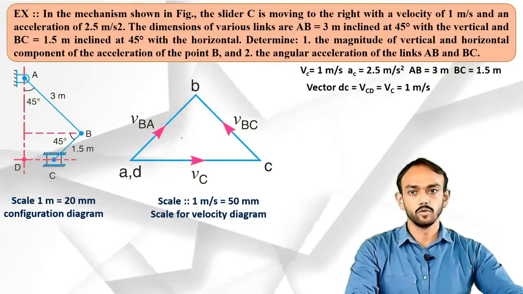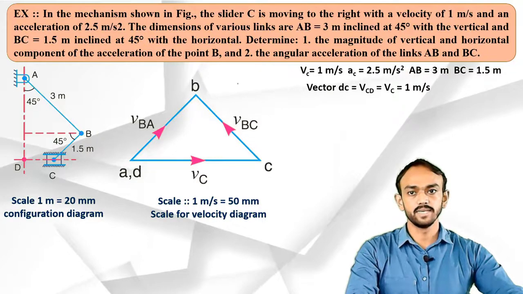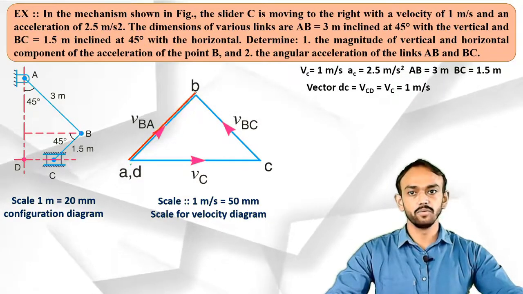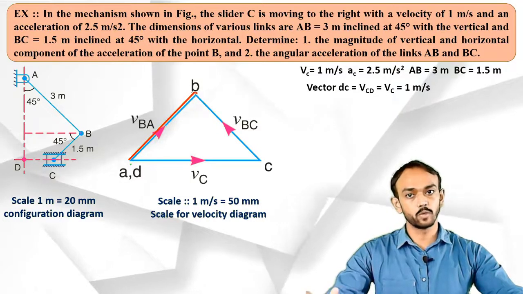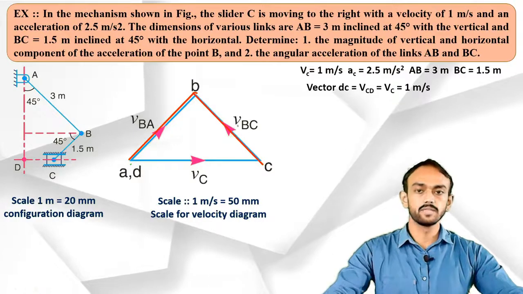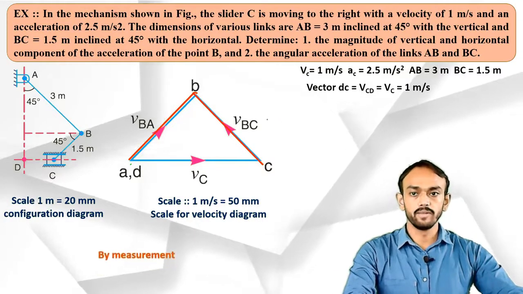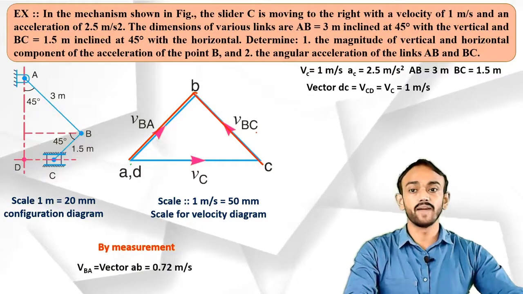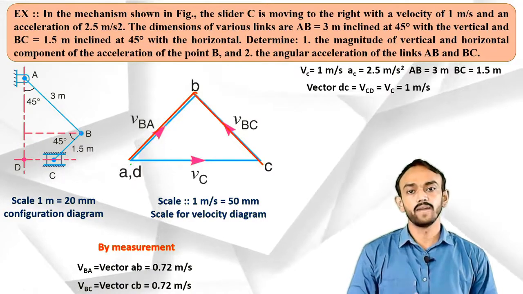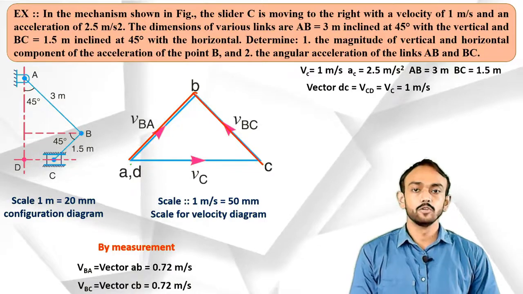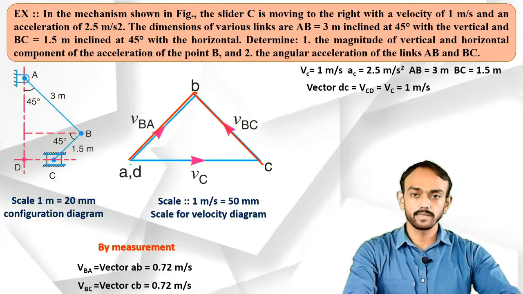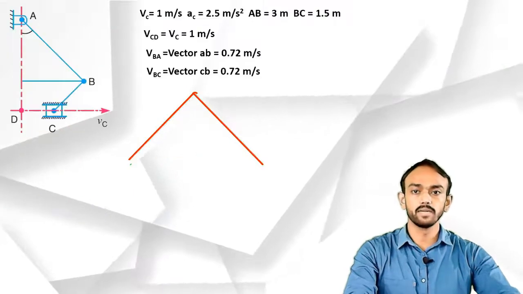AD is the fixed point, then C, B. If you measure this distance, you will get the velocity of B with respect to A, and if you measure this, you will find the velocity of B with respect to C. By measurement you will find the velocity of the remaining elements. Now we have found the velocity of all elements, so we can find the acceleration. Okay, let's start. For acceleration, as you know, we have to make the table.